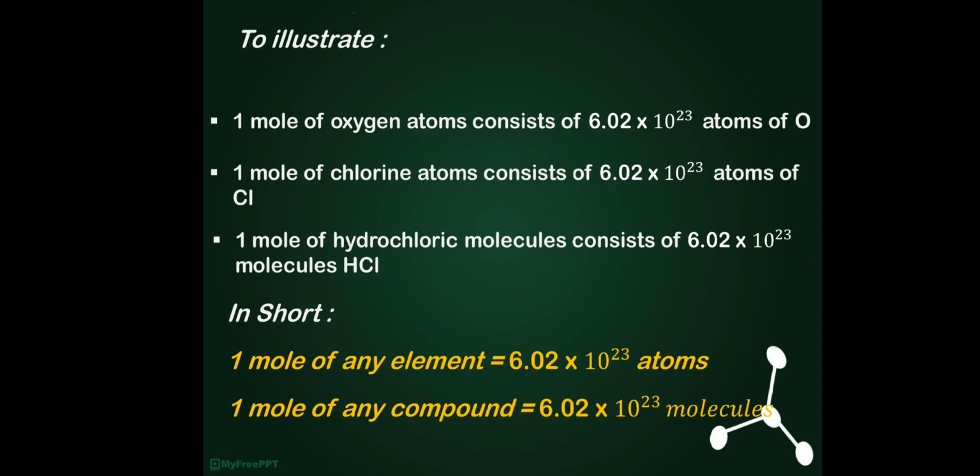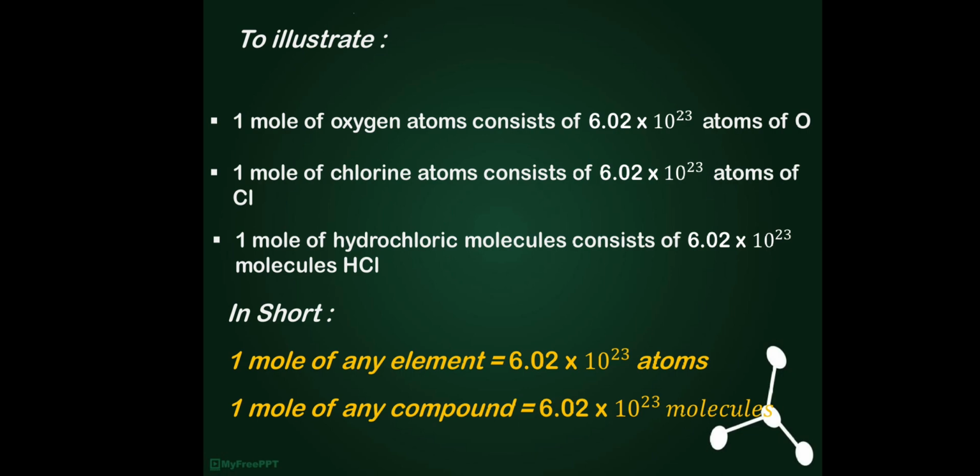To illustrate, 1 mole of oxygen atoms consists of 6.02 times 10 to the power of 23 atoms of oxygen. 1 mole of chlorine atoms consists of 6.02 times 10 to the power of 23 atoms of chlorine. 1 mole of hydrochloric acid molecules consists of 6.02 times 10 to the power of 23 molecules of hydrochloric acid. This 6.02 times 10 to the power of 23 is very constant.